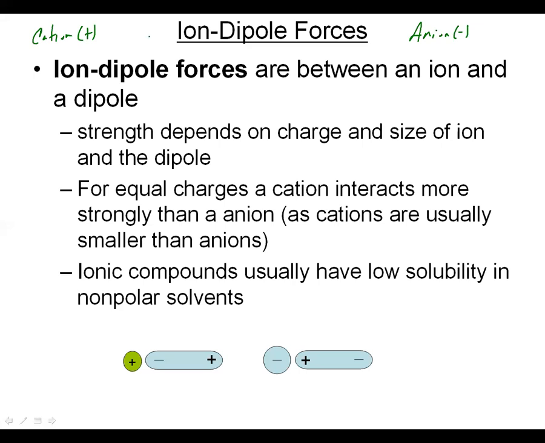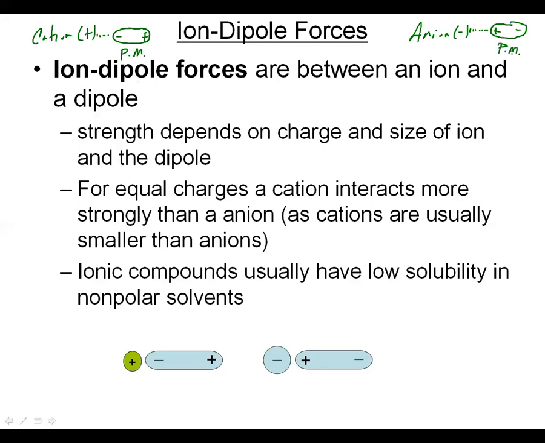A polar molecule is going to have a negative side and a positive side, and that gives it the attractive force. Same thing over here: with our negative ion, the polar molecule will line up its positive side near that negative ion, giving them a place to interact with each other.